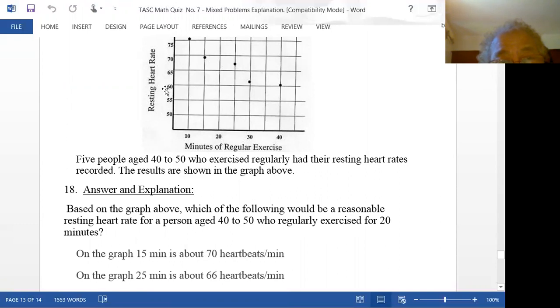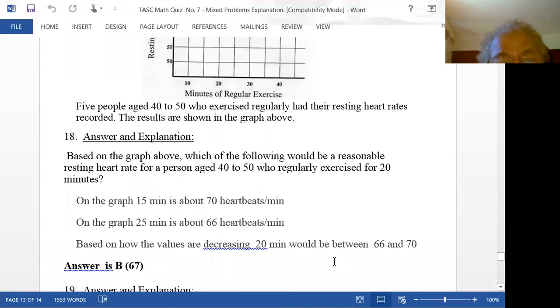They didn't put what the unit was here, but resting heart rate is in heartbeats per minute. Okay. Now, 25 minutes is about 66. So now we know, based on how those values are decreasing, that our answer has to be between the 66 and the 70. And the closest answer they gave us there was B, which is 67.